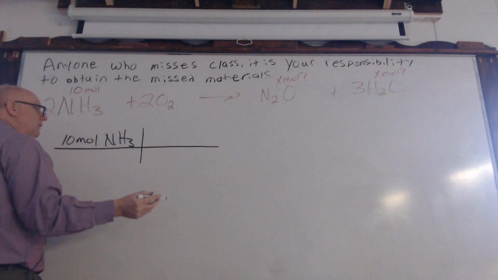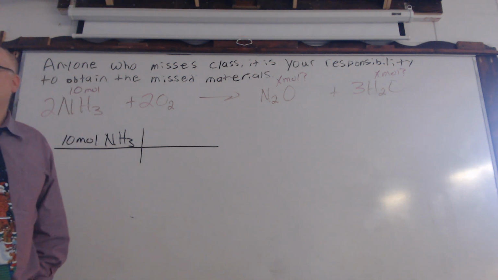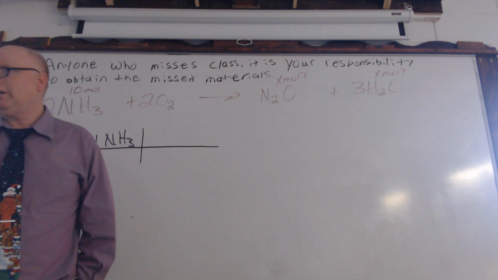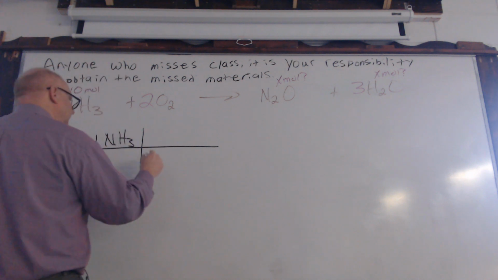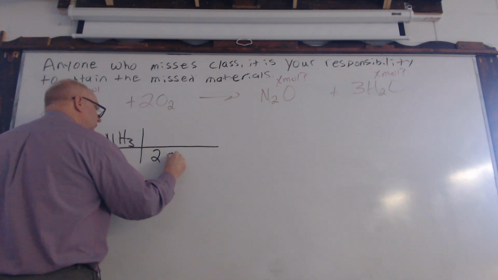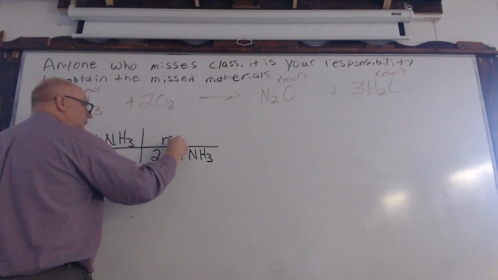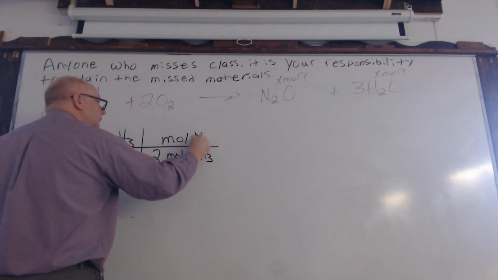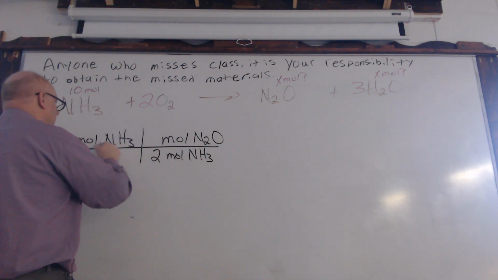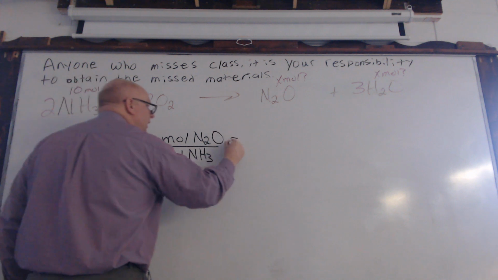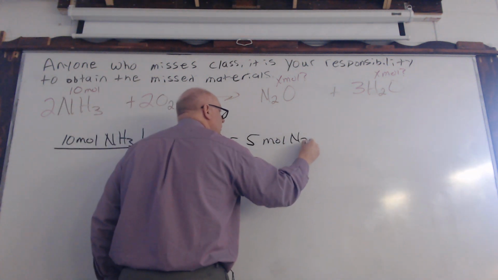How many moles of nitrous oxide? Your answer is 5 moles. 10 divided by 2. Yes, we concur. 5 moles of N2O.